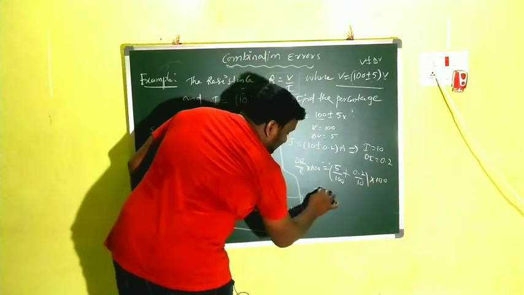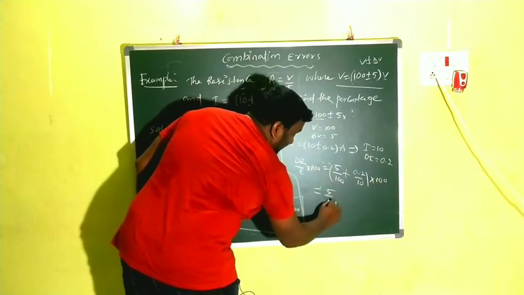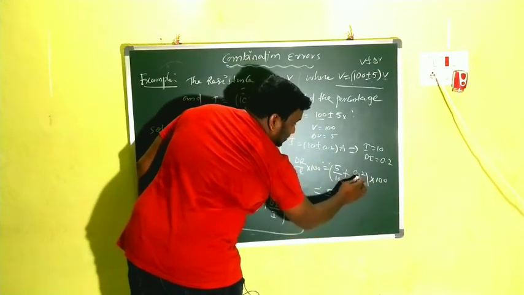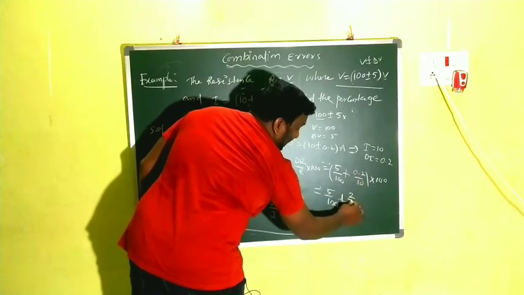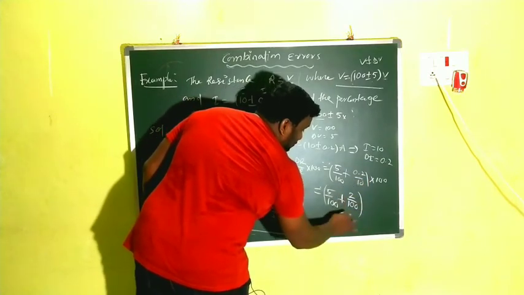So here 5 by 100 plus, 0.2 means 2 by 10, into 10, that means 100 into 100.